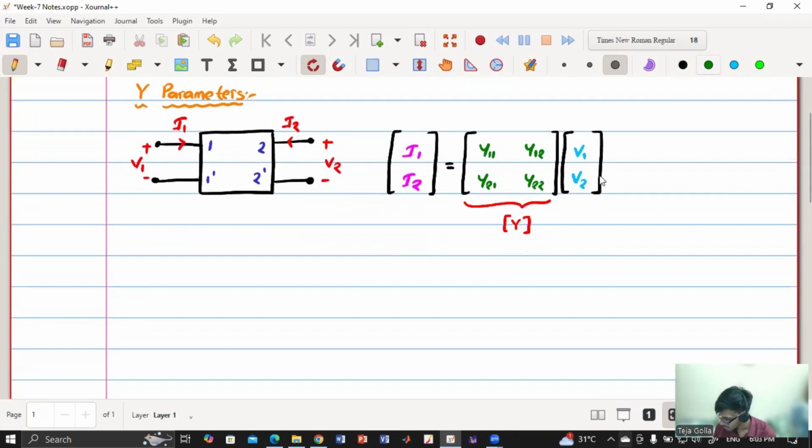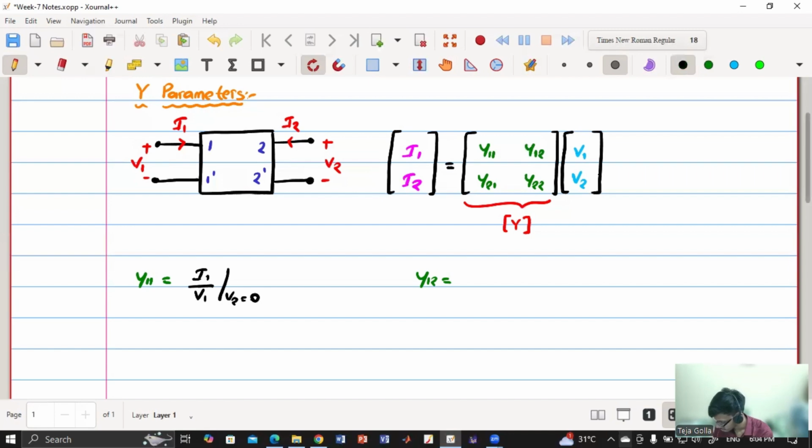Now if I define Y11, Y12 individually, we'll get something like this. So how will I get Y11? If I keep V2 to be 0, then I1 by V1 is Y11. So Y11 is I1 by V1 when V2 equals 0. Similarly, how will I get Y12? We have to see what is the multiplying voltage with that parameter and make the other voltage 0.